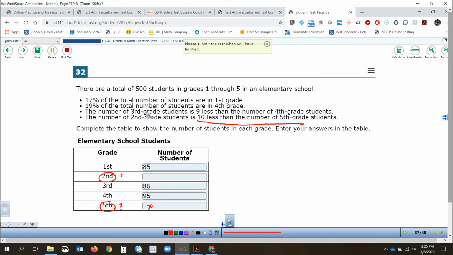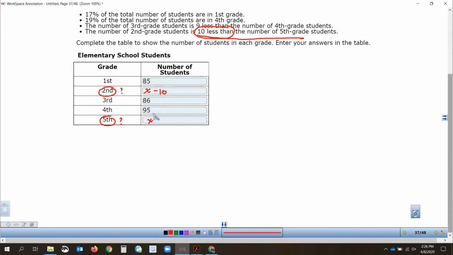And then what do we know about second graders? Second graders is 10 less than x. How do you do 10 less than x? Am I going to add 10? Divide by 10? Multiply by 10? No, I'm going to subtract 10. So what do I have here? I have 2 grades I don't know. But what do I know? I know that all of these added together is what? 500.